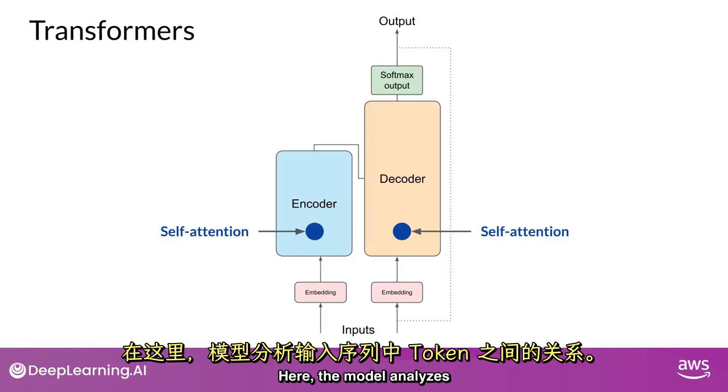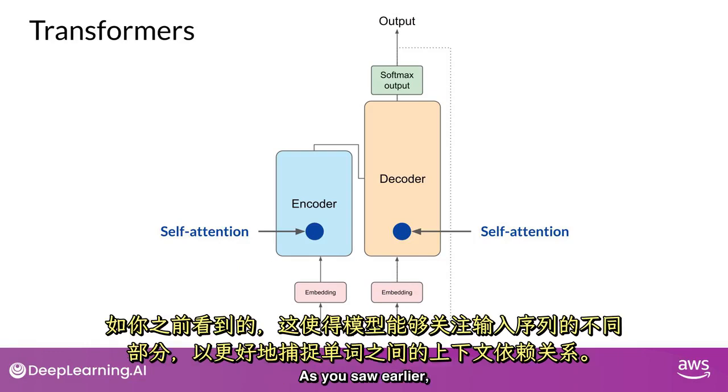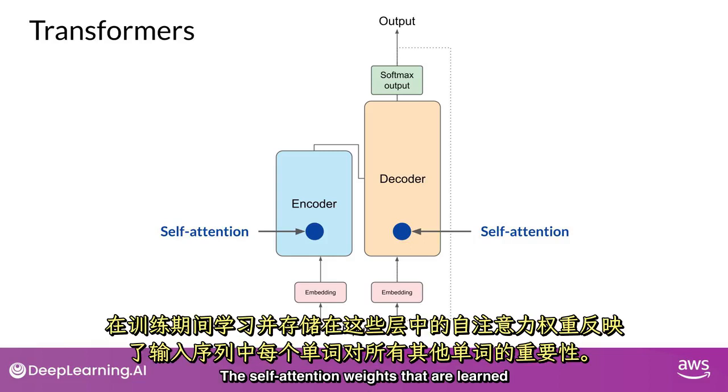Here, the model analyzes the relationships between the tokens in your input sequence. As you saw earlier, this allows the model to attend to different parts of the input sequence to better capture the contextual dependencies between the words. The self-attention weights that are learned during training and stored in these layers reflect the importance of each word in that input sequence to all other words in the sequence.